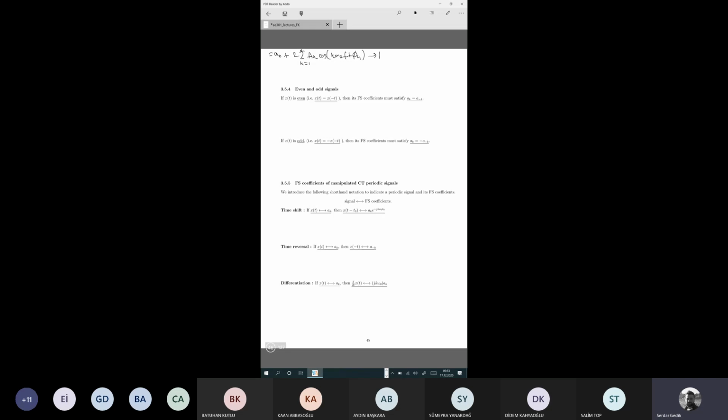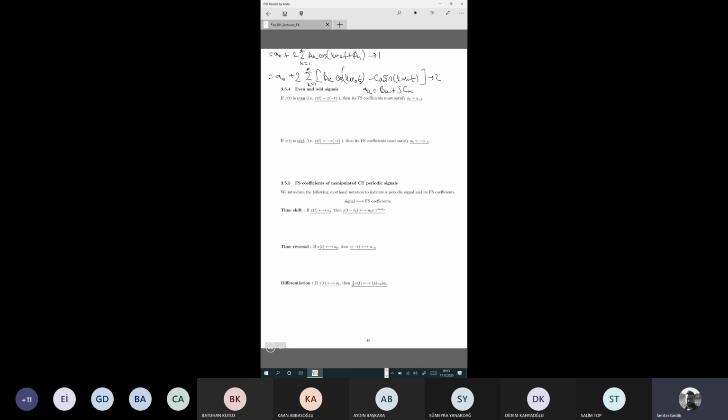And the second representation I will write directly: 2 times summation k from 1 to infinity of bk cosine k omega 0 t minus ck sine k omega 0 t. I assumed that ak is in the form bk plus j ck.